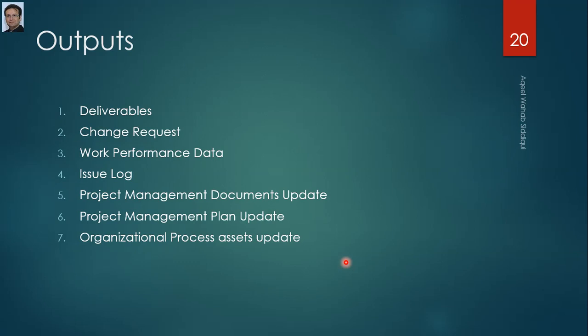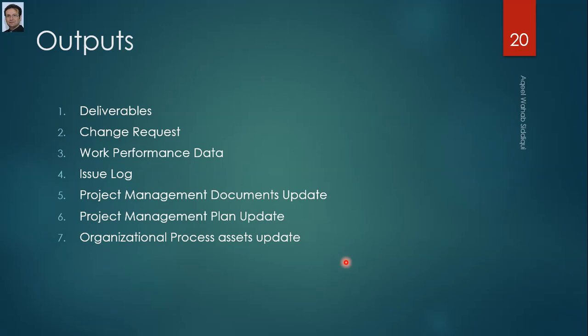Third output, a very important one, is work performance data. Work performance data are the raw observations and measurements identified during activities being performed to carry out the project work. So you will put your data into software. Obviously, while making doors, you may face issues, so you must record your issues in the issue log document.